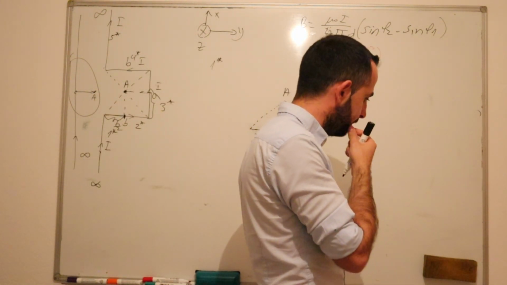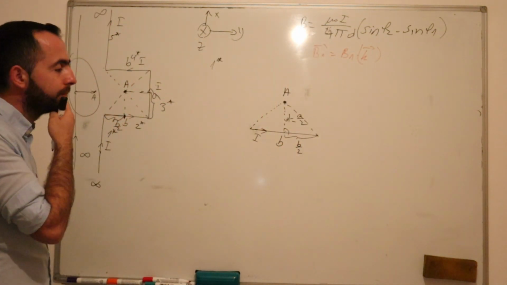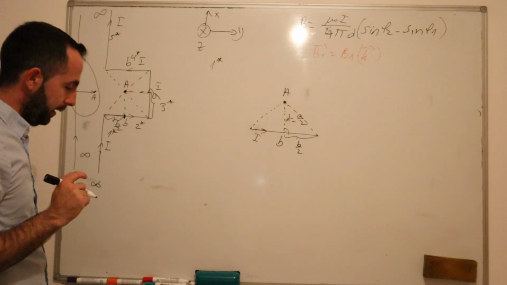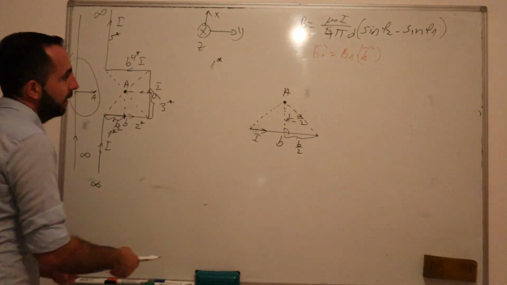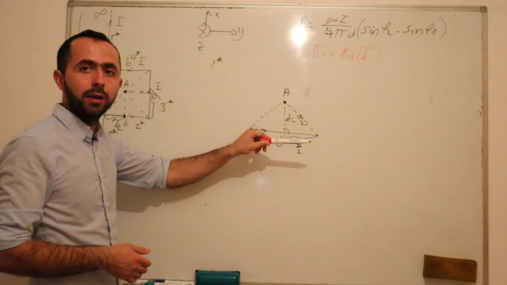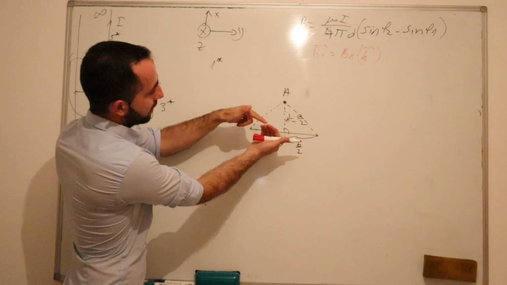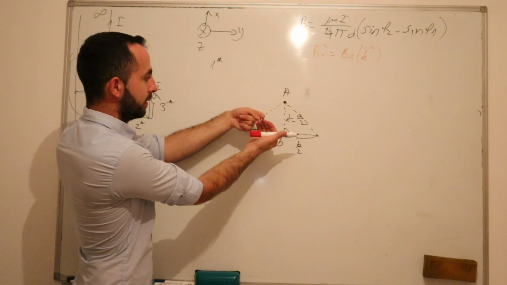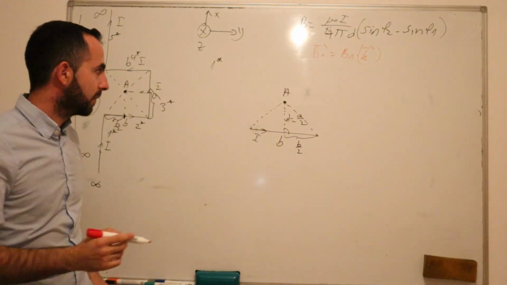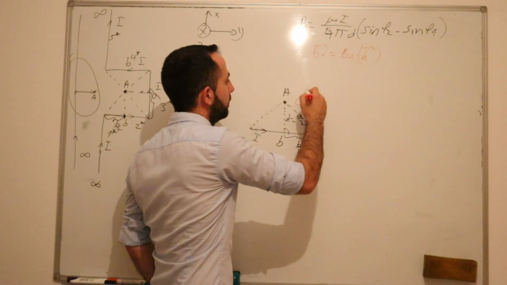The next thing we need to know is the direction of our magnetic field. So we will use the same right hand rule. Okay, we have our conductor, we have the current, and we can see that on this side the magnetic field is directed to you, goes to you. So this is our B2.